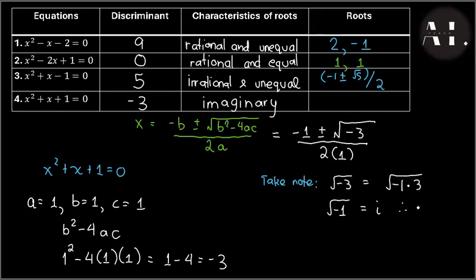So, the square root of negative 3 can be written as i times the square root of 3. Going back to our quadratic formula and the values there, we will get x is equal to negative 1 plus or minus i times the square root of 3 over 2.